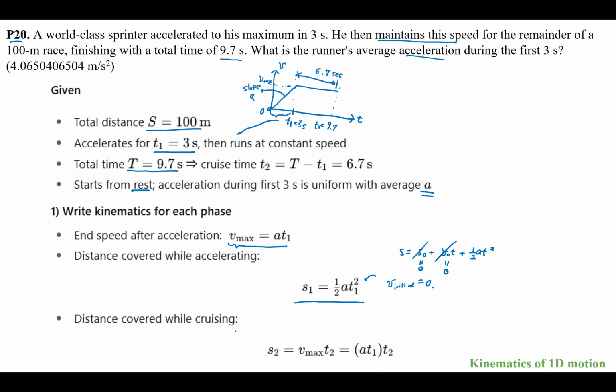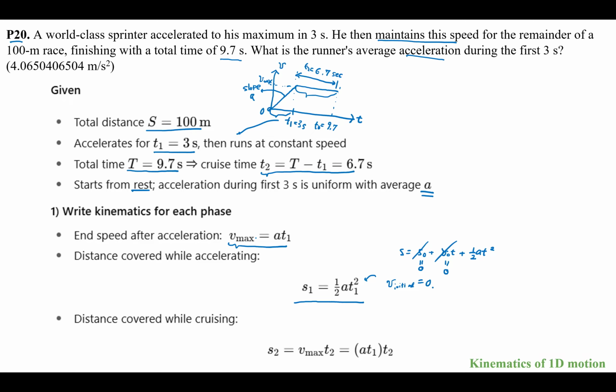And distance covered while cruising, so S2 from here to here. S2 is given by Vmax times T2. Here, this is the T2, I'm sorry. From here to here, it has a constant speed.